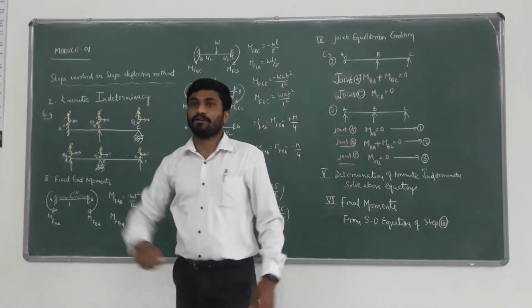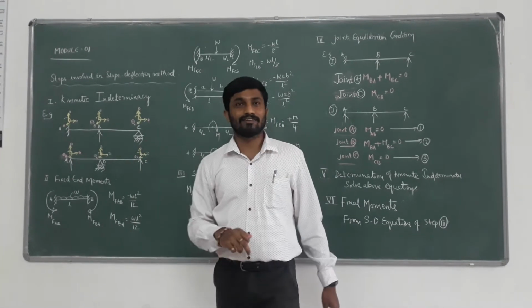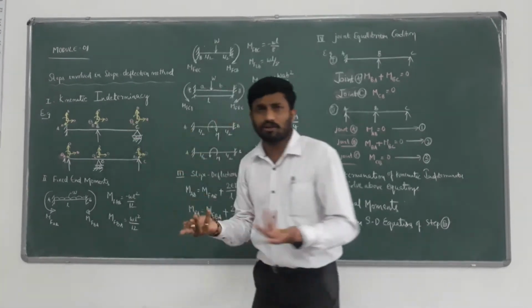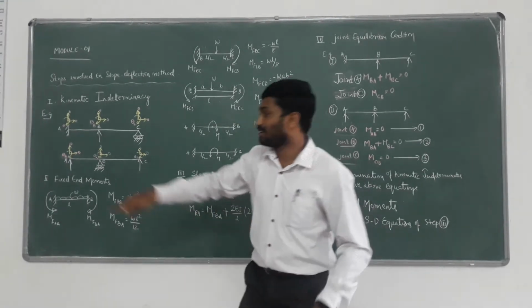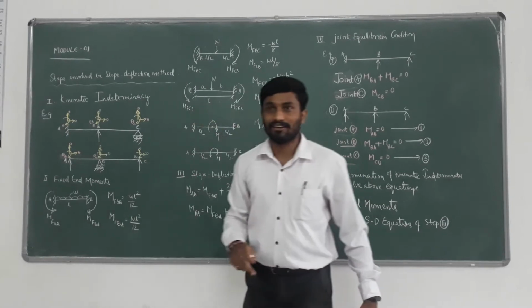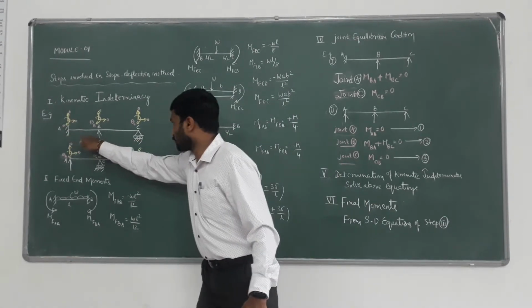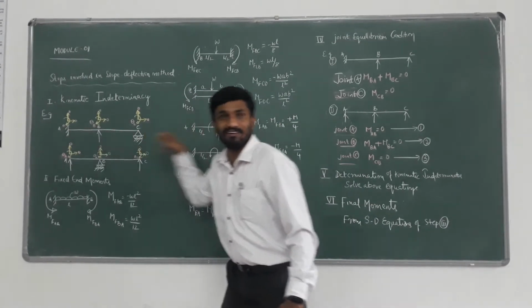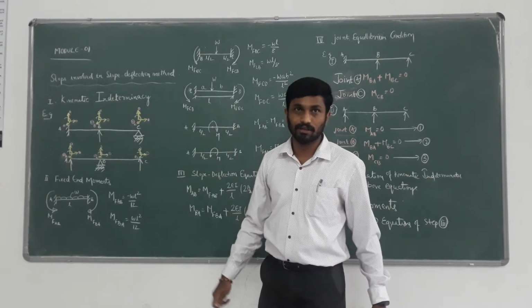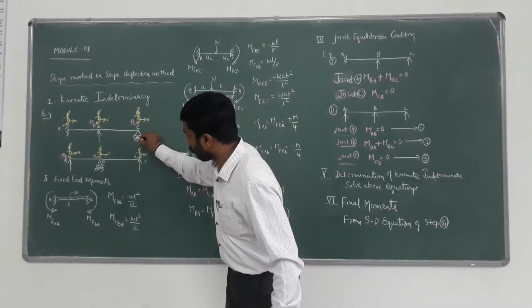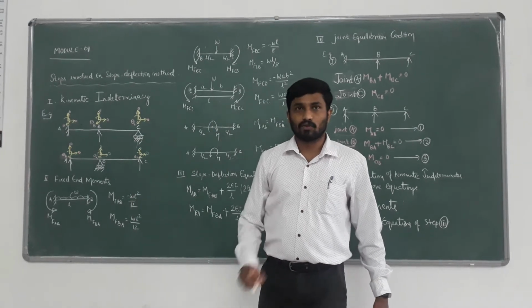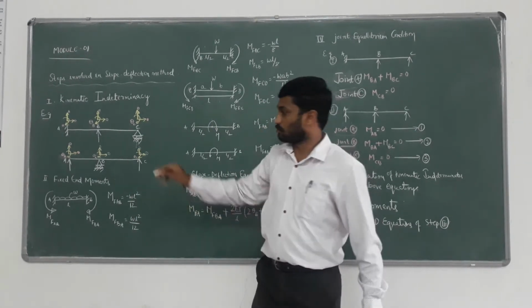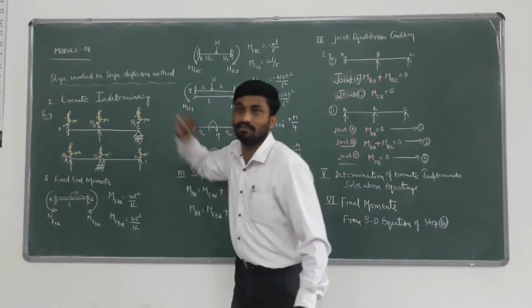Hence theta B. Similarly, at joint C, horizontal displacement is not possible because of the axially rigid assumption, and because of the one reaction it is 0.